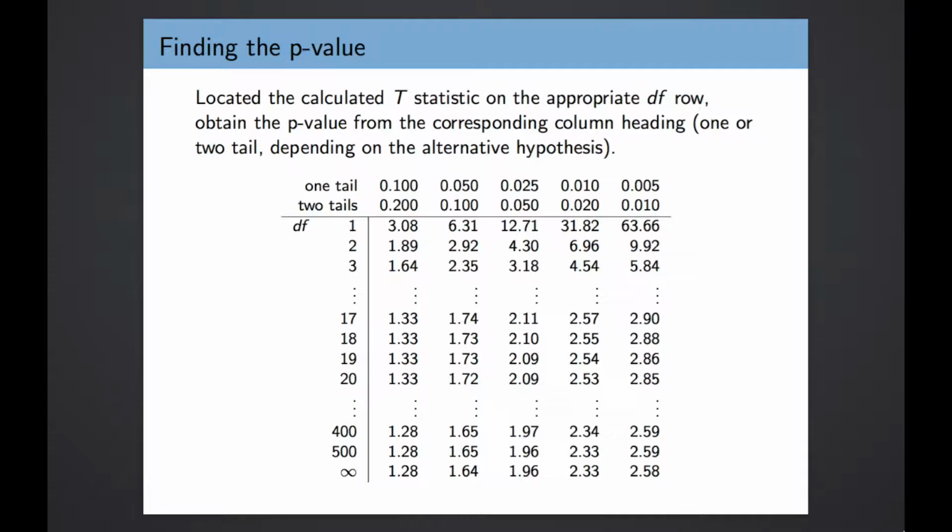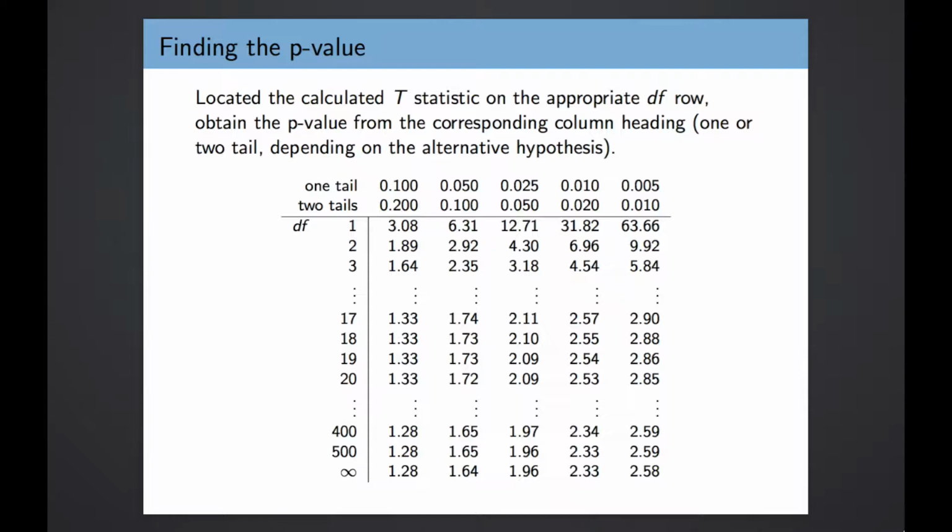So for example, let's say that you're looking at the row for 3 degrees of freedom. So find that on this t-table. And then if you got a test statistic of 1.64, that is associated with a p-value for a two-tailed hypothesis test of 0.2. Now move over to the next row. If you get a larger test statistic of 2.35, that's associated with a p-value of 0.1 in a two-tailed hypothesis test.